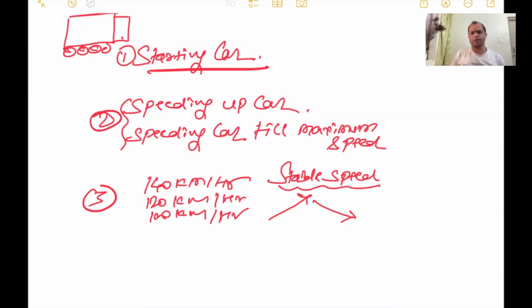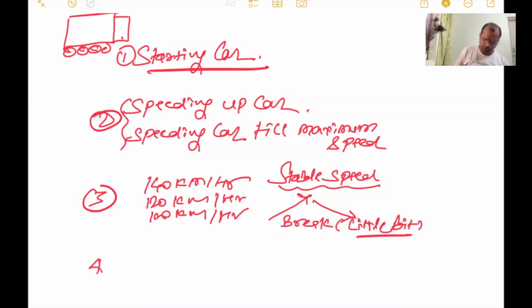For making your speed stable, sometimes you need to put on the brake a little bit, because you don't want to go with a higher speed. So this is stage number 3.